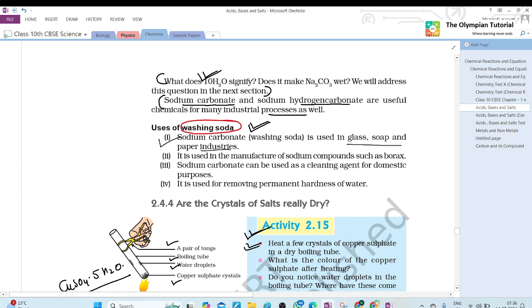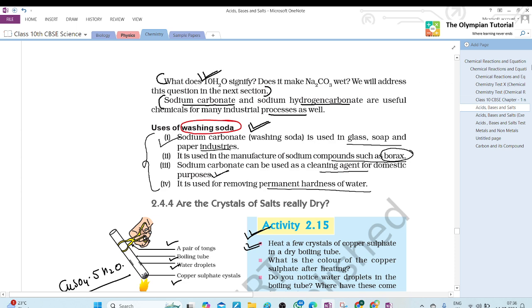It is used in the manufacture of sodium compounds such as borax. You have to learn it only. About formula, no need to learn. Sodium carbonate can be used as cleaning agent for domestic purposes. It is used for removing permanent hardness of water. You have to write all these 4 points.